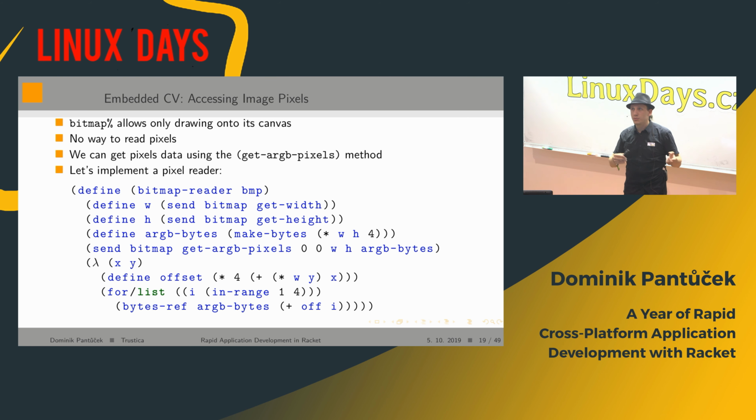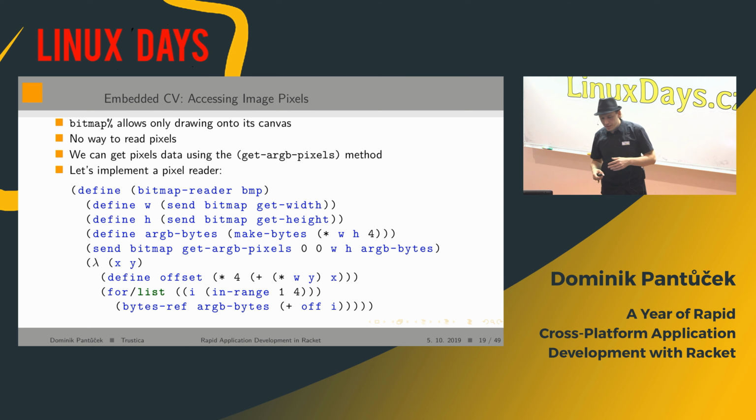And this function accepts coordinates, and based on these coordinates, it reads the data from the bytes array. So basically, we are here defining something that creates a new function for each and every image we provide to it. And actually, this is how you solve problems like this in languages using some higher order calls.